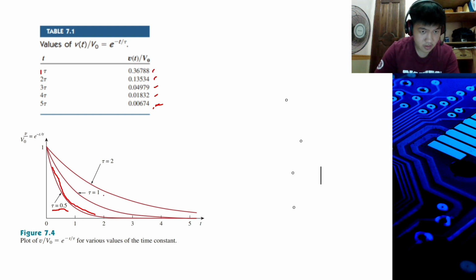As the time constant gets higher, the rate of decay is lower, because it is slower as time increases.